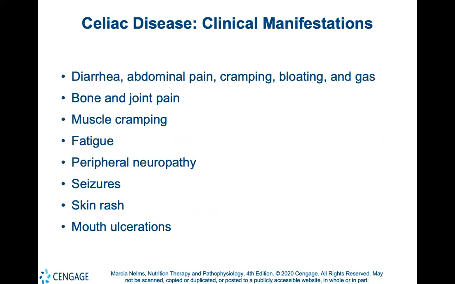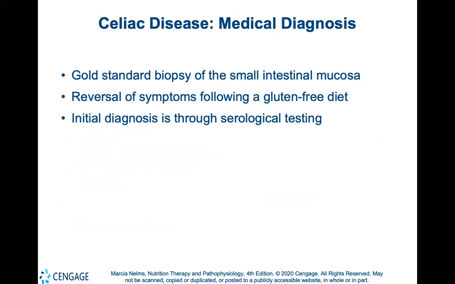Classic clinical symptoms of celiac disease include diarrhea, abdominal pain, cramping, bloating, and gas, bone and joint pain, muscle cramping, fatigue, seizures, skin rash, mouth ulcerations. Traditionally, celiac diagnosis is confirmed by a biopsy of the small intestine mucosa and reversal of symptoms following a gluten-free diet.